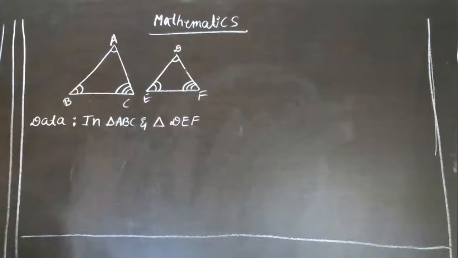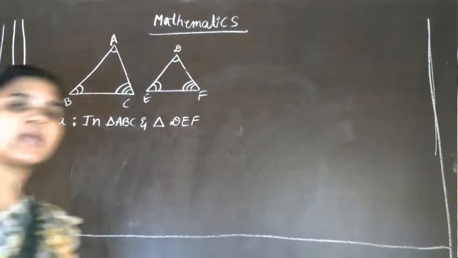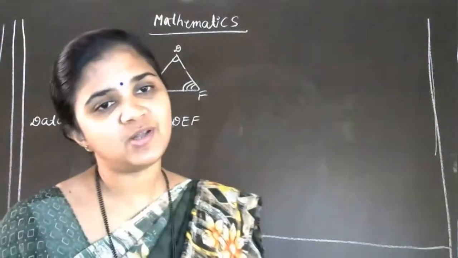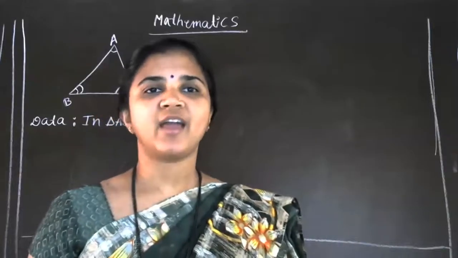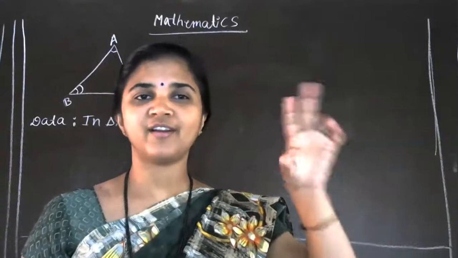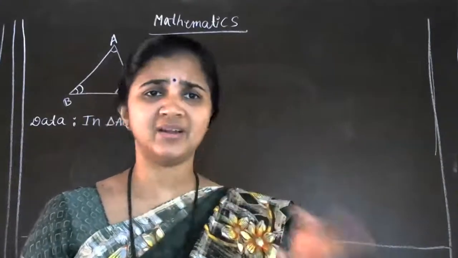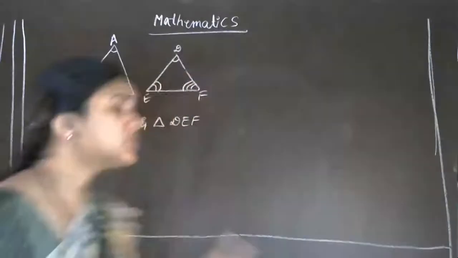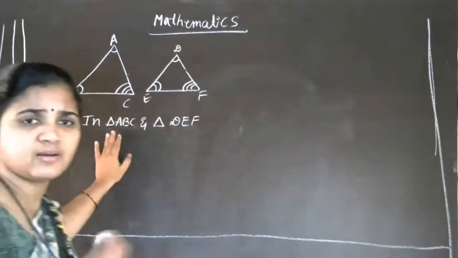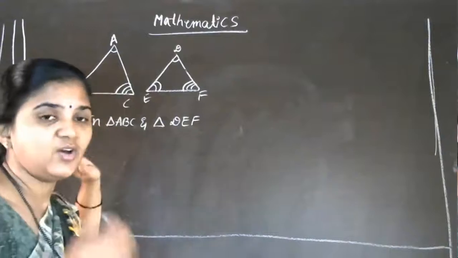All three angles are equal, but you can take only two, because according to the angle sum property, if two angles of one triangle are equal to two angles of the other triangle, then of course all the angles are equal. For the theorem's sake, you can write all three or only two.